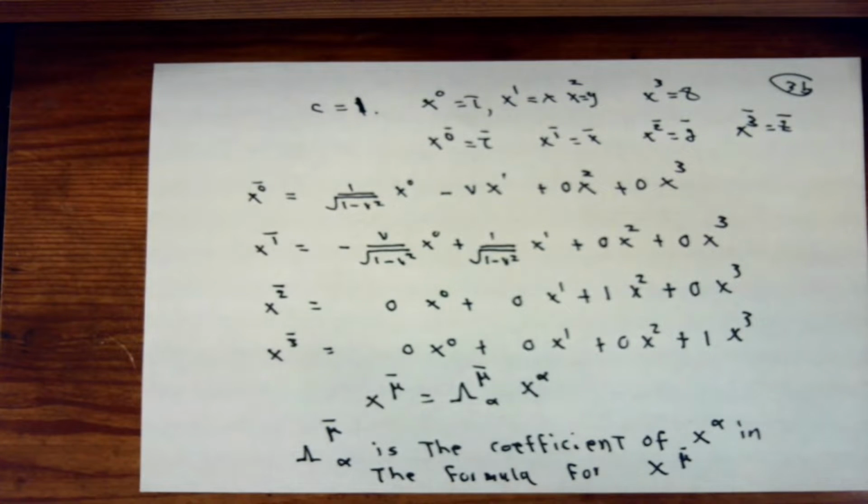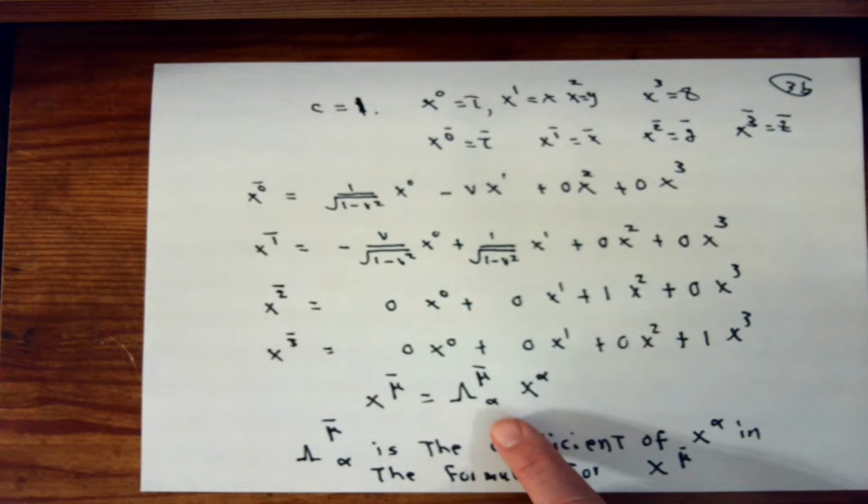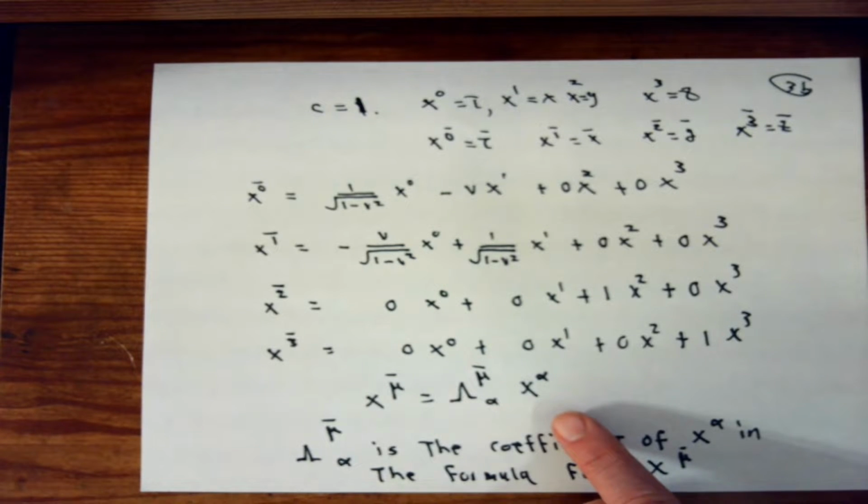If you want to explicitly write out the formulas, including all the terms that happen to be 0, you get these 4 equations. These 4 equations are abbreviated by this vector equation. This says mu bar could be 0, 1, 2, or 3, so for each one of the values of mu bar, x mu bar is going to be a sum over some kind of coefficients times the x coordinates.